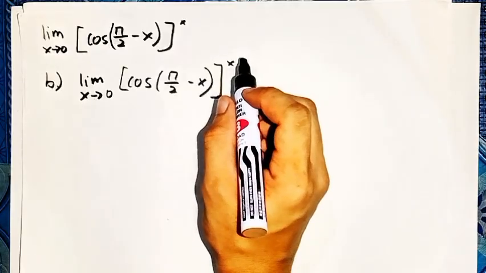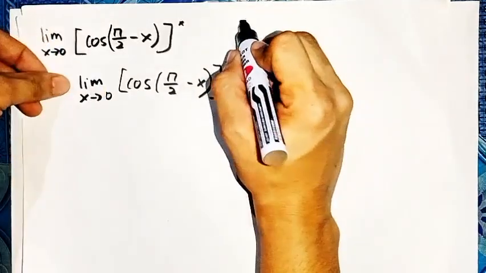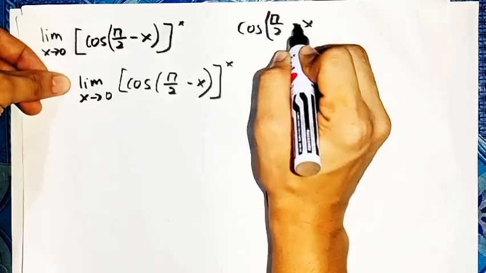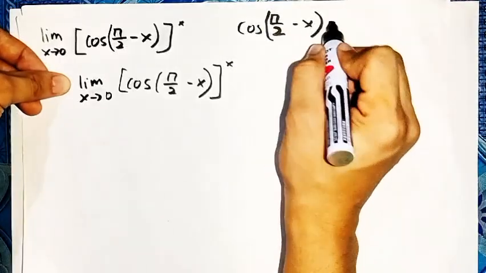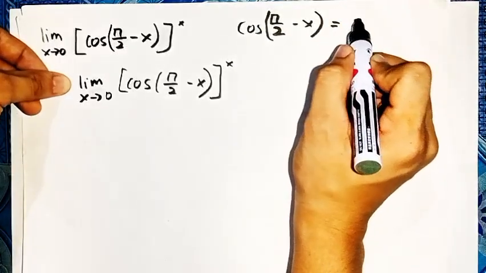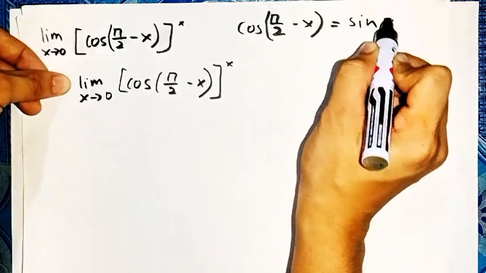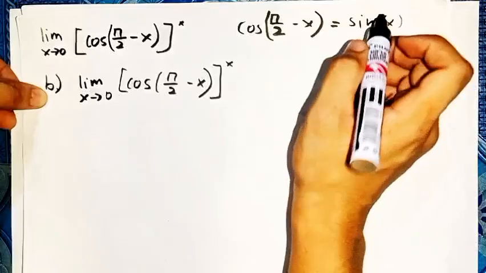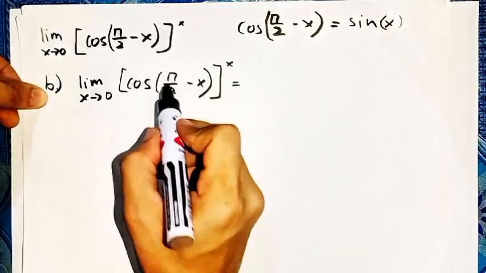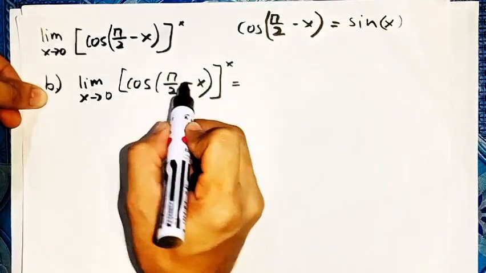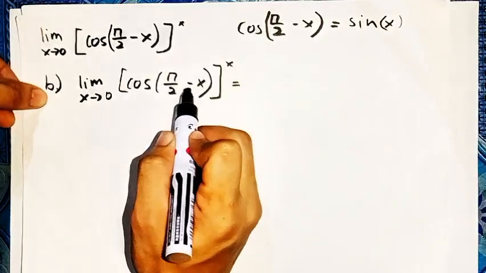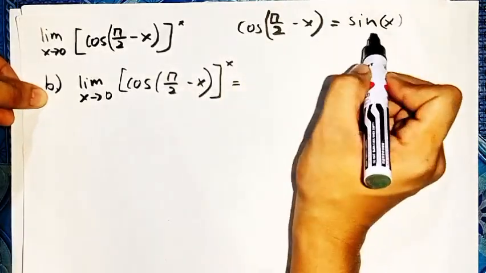Remember that cosine of (pi over 2 minus x) is equal to sine x by right triangle properties. So we can substitute the expression inside the bracket, cosine of (pi over 2 minus x), with sine x.